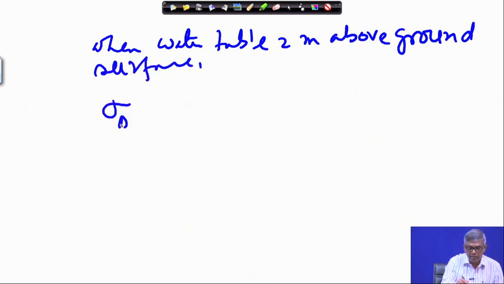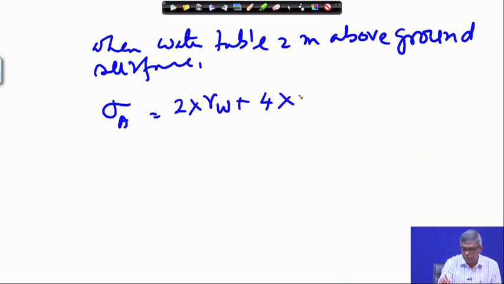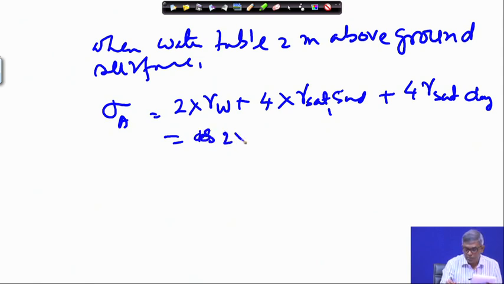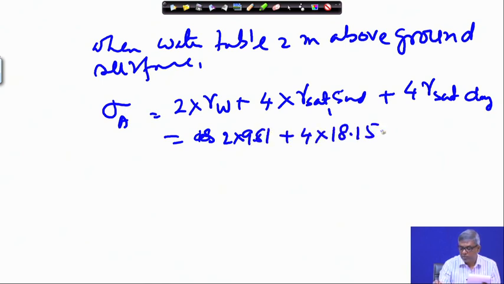So, sigma A, now I am considering same point, sigma A will be equal to now 2 into gamma_w plus 4 into gamma saturated sand plus 4 into gamma saturated clay. So, that gives you this is 2 into 9.81 plus 4 into 18.15 plus 4 into 19.62.